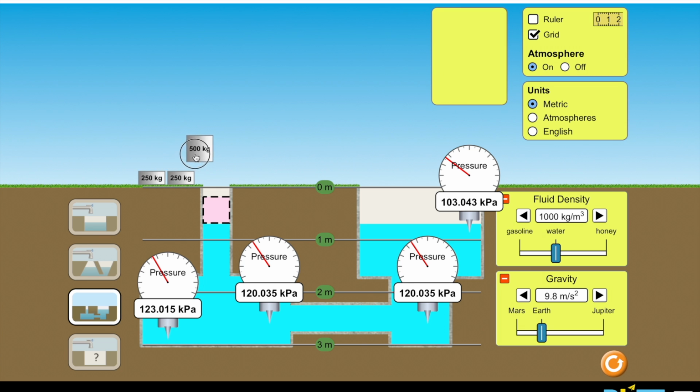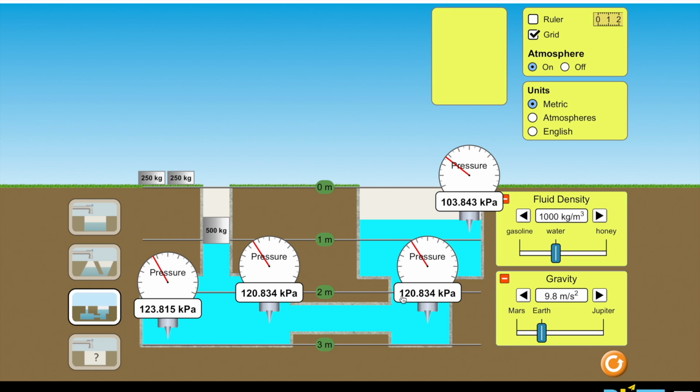And you can see if I put this mass in here, that all of the pressures at each of those locations increases by about 0.8 kilopascals. That means that the pressure change that occurs here at this surface is transmitted equally throughout that container. And what Pascal's principle actually says, I'm just going to read you the definition.